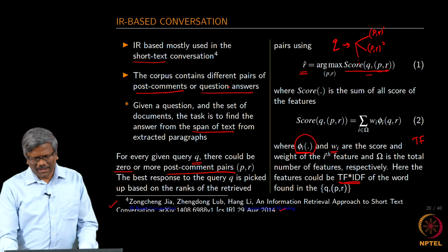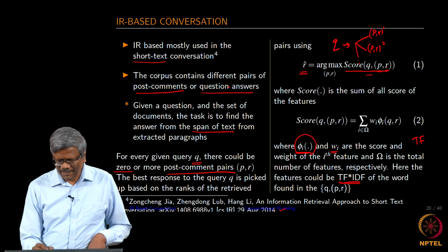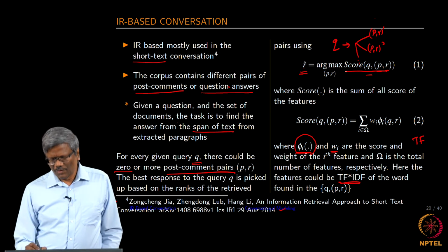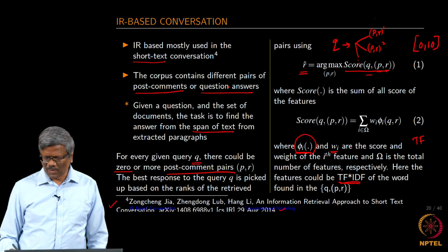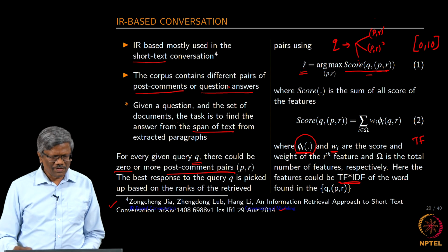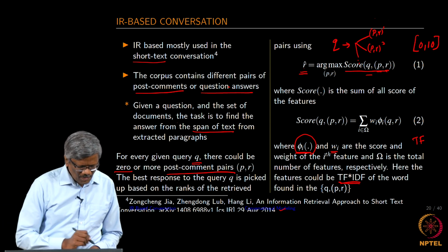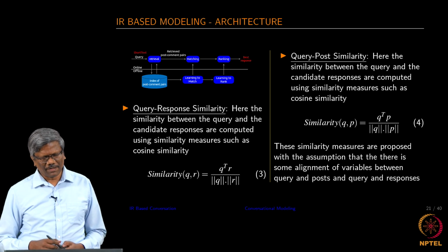And then use that to get the rank, and the rank is defined by your score. So, this is one very simple approach using which you can find the response to a given query.